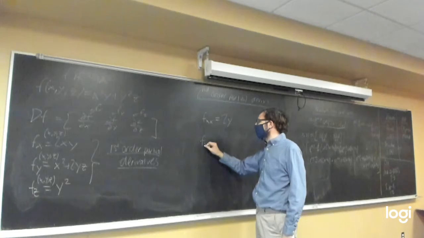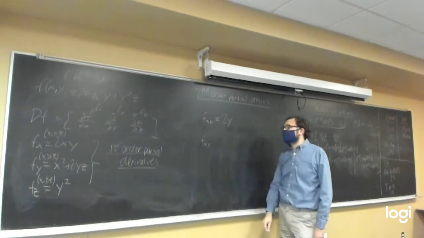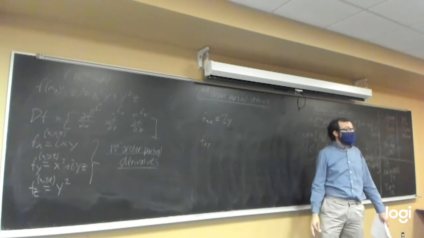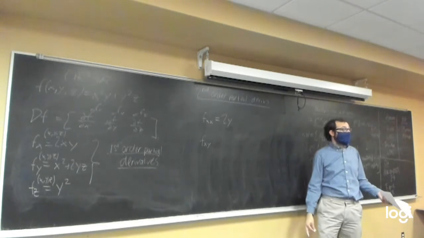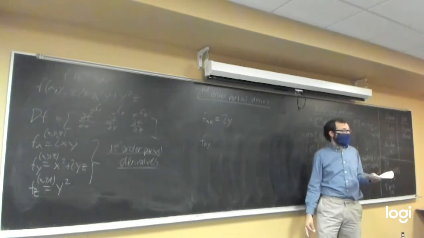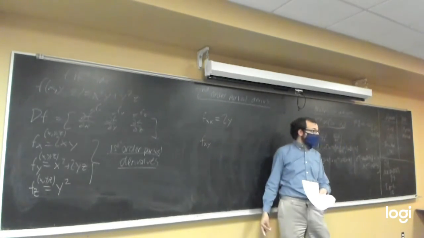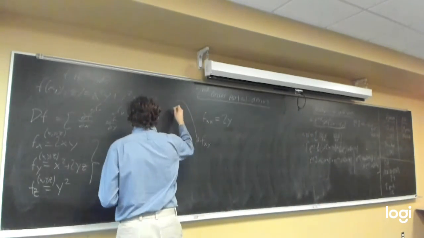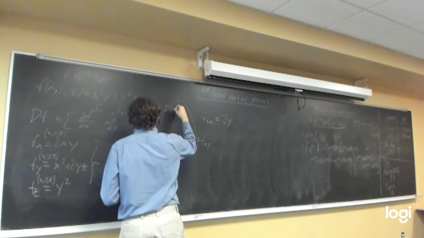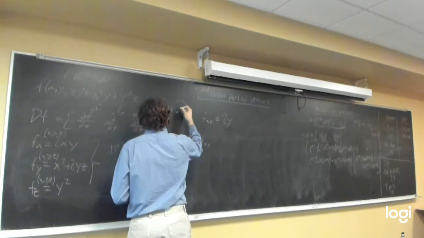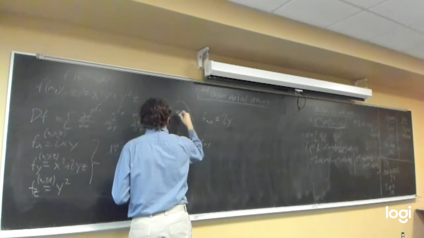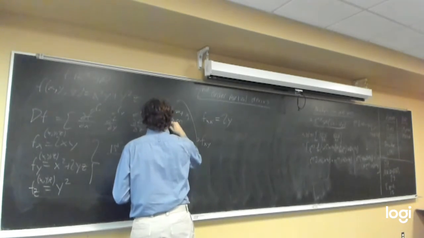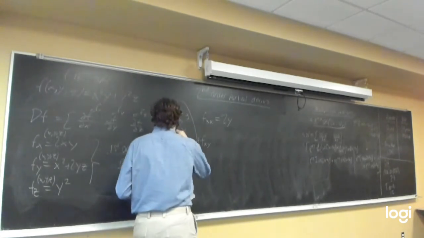We can also talk about what happens if we differentiate with respect to x and then with respect to y. We could differentiate with respect to one variable and then change it up and do it with respect to another. So just so it's clear, this means differentiate with respect to x and then with respect to y.